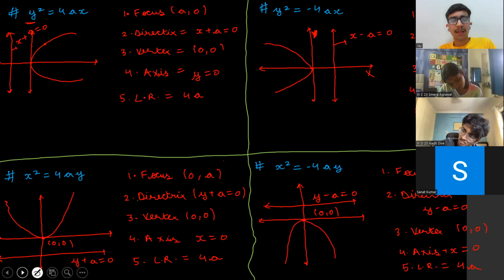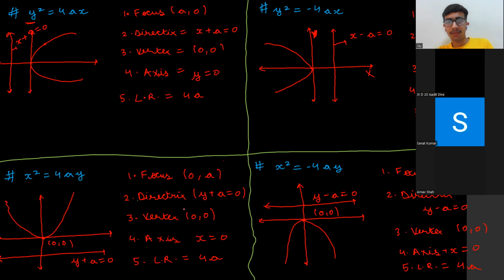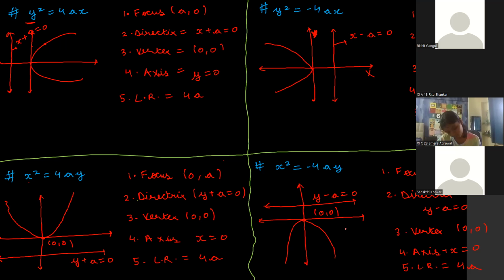So if I ask you which parabolas are symmetric about the x-axis, then which parabolas are those? The first two. Okay. And if the parabola is symmetric about the y-axis, then it's the third and the fourth parabola, right? Okay, great. So done. All right, Rashid, done. The last one.